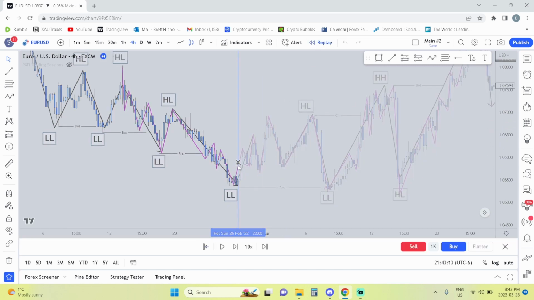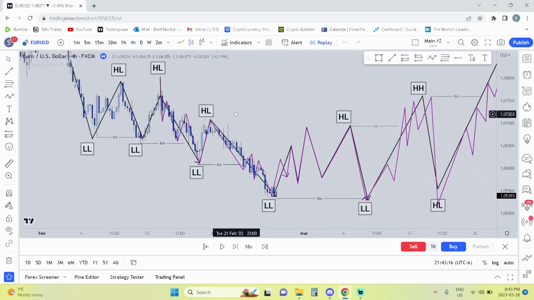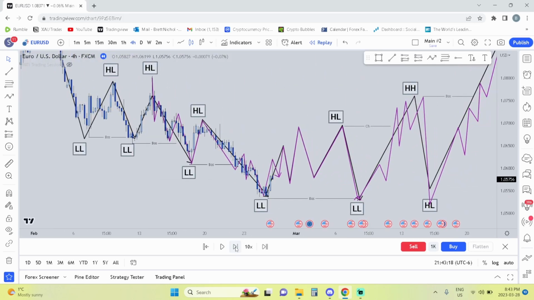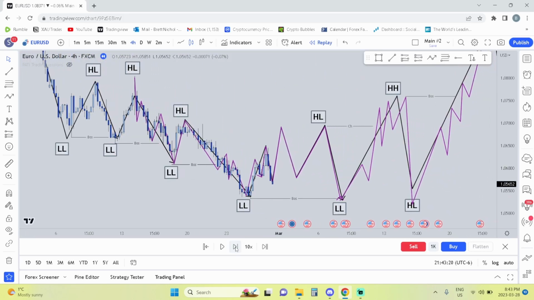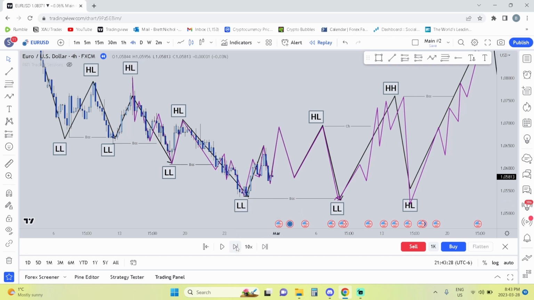So if we get the replay tool, this lower low happens, we get the push up, and so we're playing in this higher low right now, and we're not sure if it made this lower low yet. So we're looking to potentially try and look for sells to take out to make a new lower low and take that out.